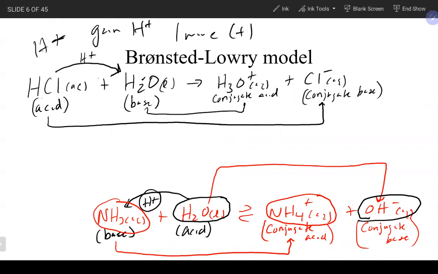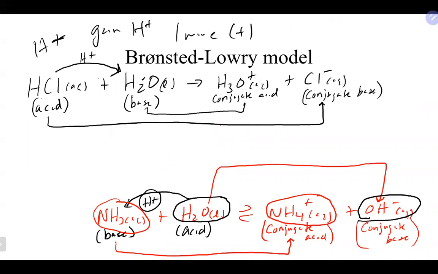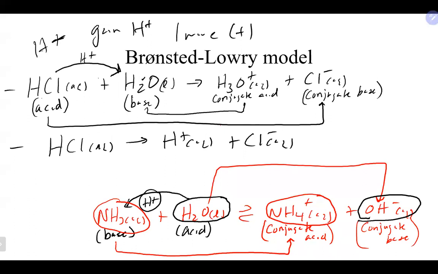You could also write this reaction, and it is acceptable, just to write HCl, because it's a strong acid, it will 100% break apart into H plus and Cl minus. In this case, I didn't put the water in to show the base part of it, but they are equivalent reactions. Basically, we're just dumping hydrochloric acid in a solution of water.